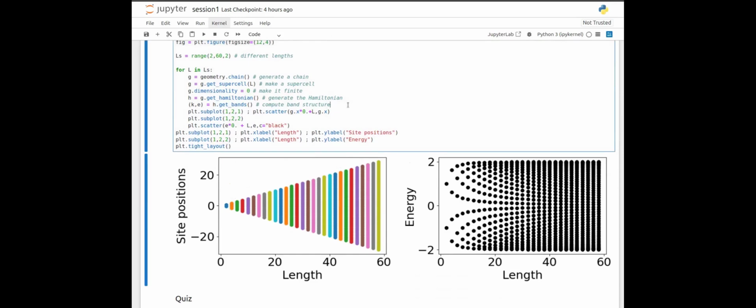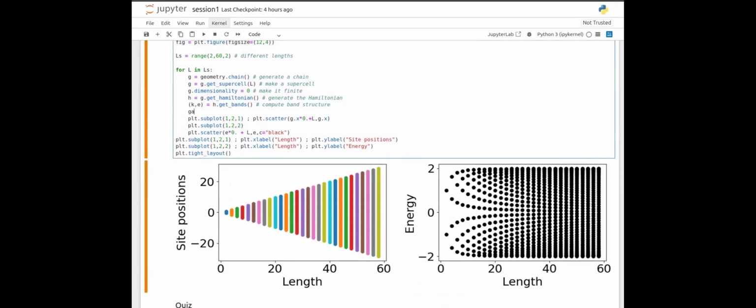So let us define the gap as the energy difference between the smallest positive energy and the biggest negative energy. This is the definition of our gap. And now we are going to create an empty list where we are going to store all these gaps.